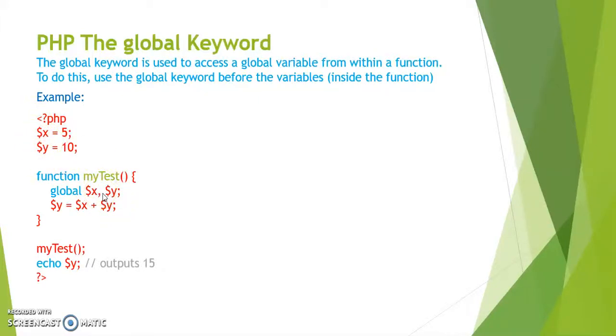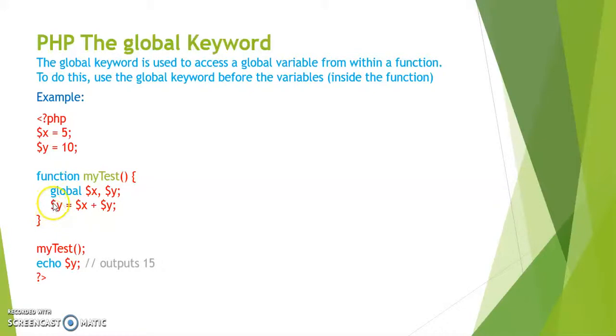Do you understand? It's more like redefining them inside the function, but we are not assigning any more values to them. So as we do it this way, it will automatically get whatever has been assigned to it and give it to us here.